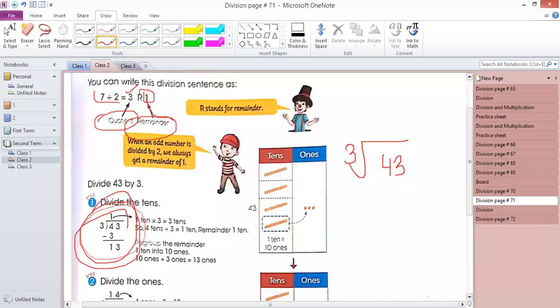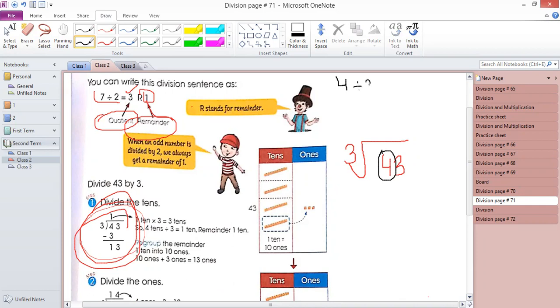The division steps are same. What is the first step? That you have to divide one number at a time. So first you are going to divide this 4 by 3.